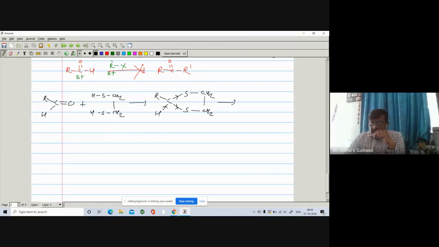But if you react with an alkali like sodium alkoxide, Na plus O minus C2H5, there is a formation of the corresponding carbanion. Here the sigma bond opens on the carbon, giving C negative and H positive. The H positive is abstracted by the base and you get the corresponding carbanion.